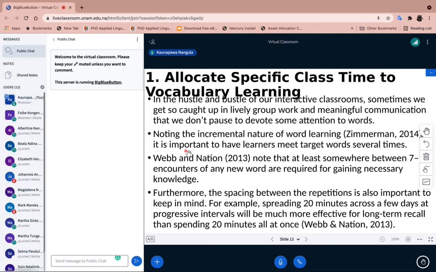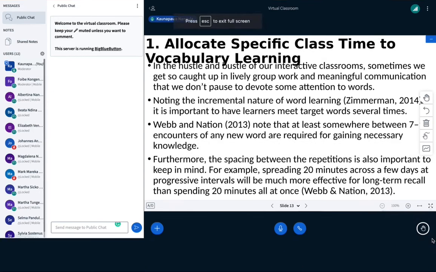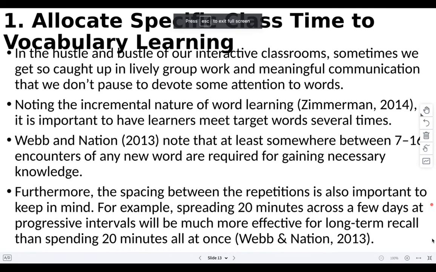They need to meet it many times. Why? Because they say that for learners to really gain the knowledge, to understand the word, to really know it and use it in context accurately, they need to encounter it at least, how many times do we have here? 7 to 16 times.